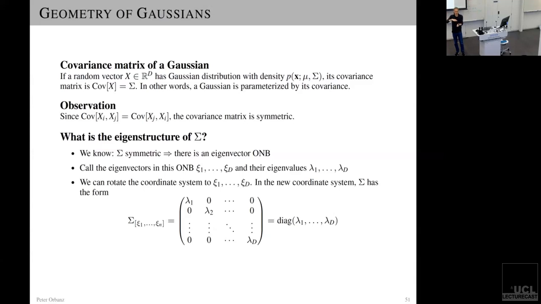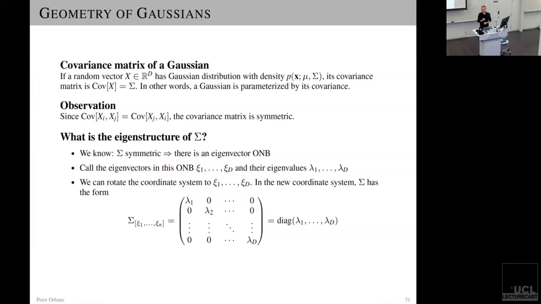From the Cartesian system to the Gaussian coordinate system. We know that that change of coordinates is given by an orthogonal matrix, because this is an orthonormal basis. So up to some sign flips, maybe, it's basically a rotation. We basically take our coordinate system and rotate it into a Gaussian system. And actually in this case, we don't have to do any sign flips because the eigenvalues are all positive.